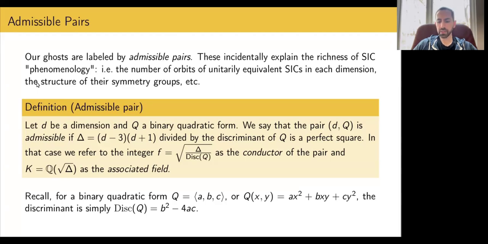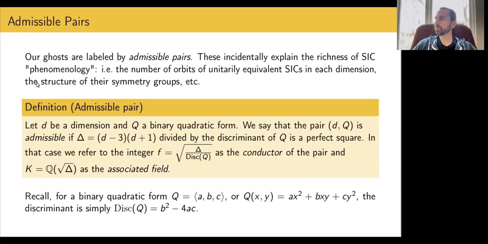The number of orbits, the number of structures of various symmetry groups that these things have. It was all sort of very mysterious, and it looked like a bunch of one-off weird things. And more or less, admissible pairs and how these things are defined really explains a large fraction of it.